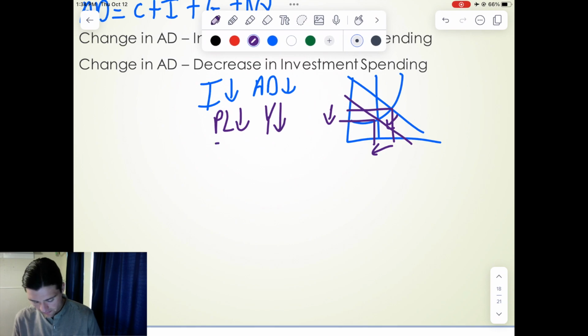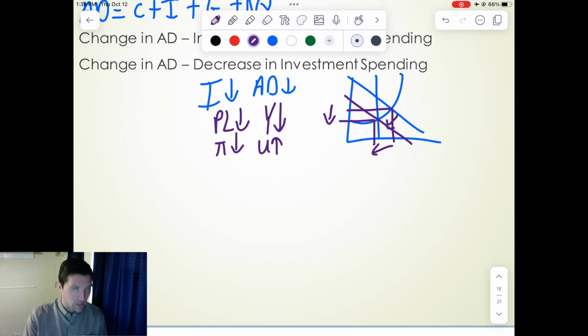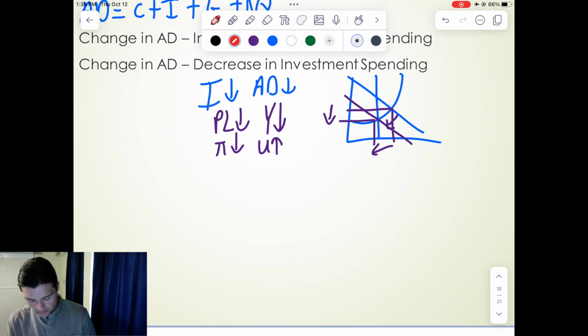So that means inflation goes down, unemployment goes up. You need fewer people working, you fire people, unemployment's higher. So therefore, if you were at point A here, and then you move to point B here, it would look something like this.